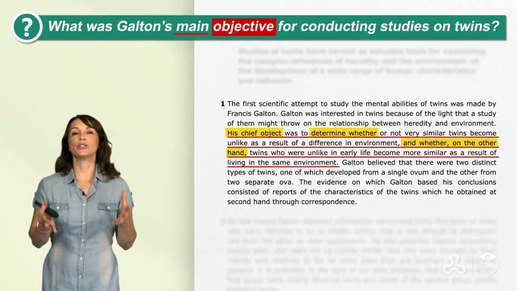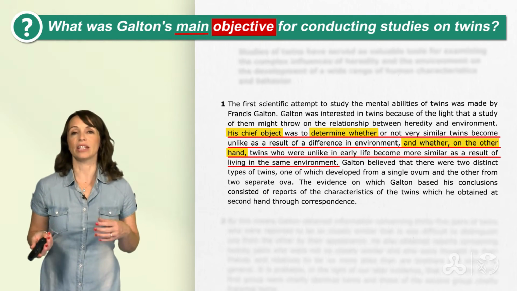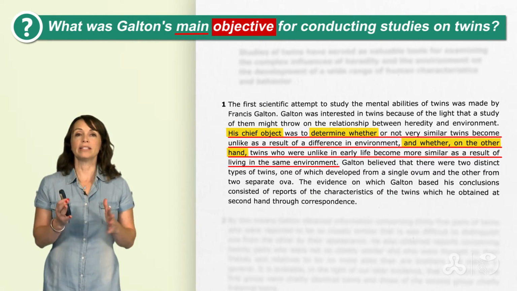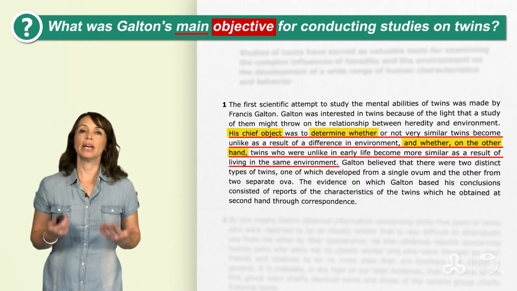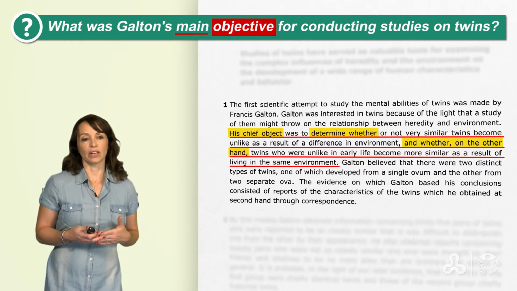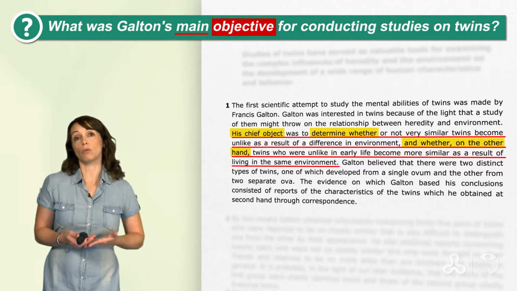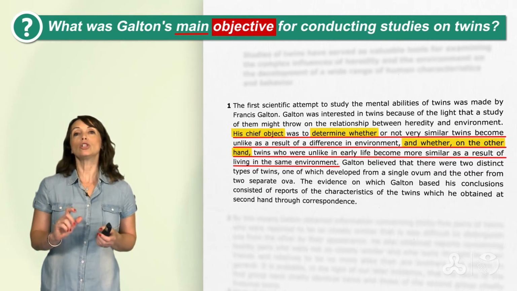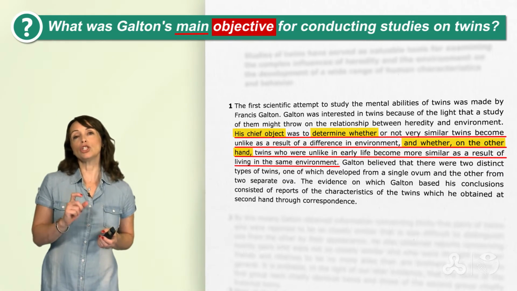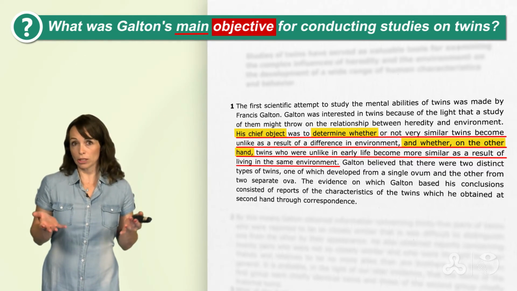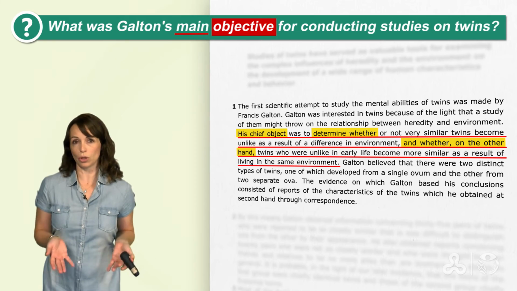Okay, so we have two sides of his objective. כן, יש לנו שני צדדים למטרה שלו. בואו ננסה להבין כל צד. So at the beginning he was trying to see if very similar twins, האם תאומים מאוד מאוד דומים או תאומים זהים, הופכים להיות לא דומים כתוצאה משינוי בסביבה שלהם. כן? למשל תאומים שגדלים בסביבות שונות.